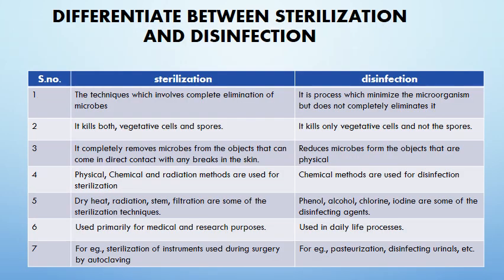Difference between sterilization and disinfection. Sterilization is a technique which involves the complete elimination of microbes, but disinfection minimizes the microorganisms but does not completely eliminate them. In sterilization, both vegetative and spore cells are killed, but in disinfection only vegetative cells are killed.